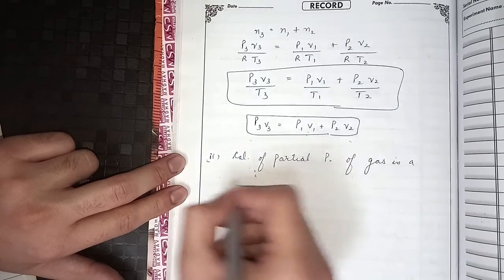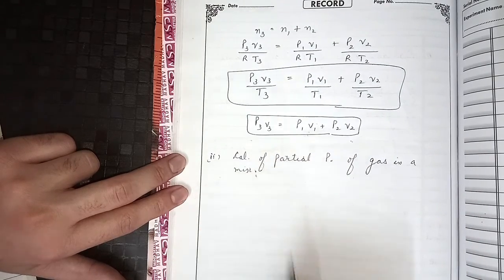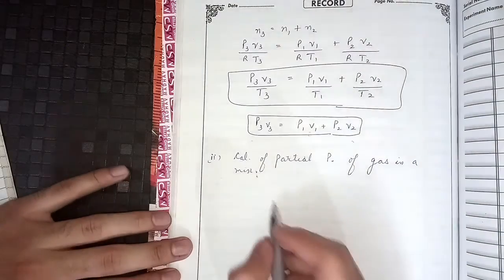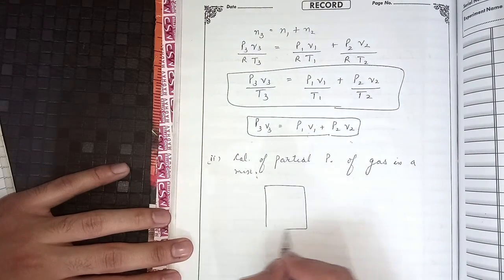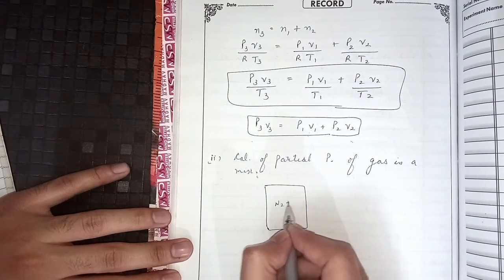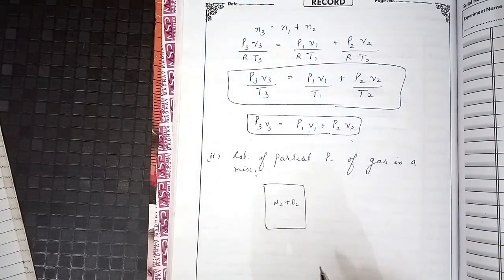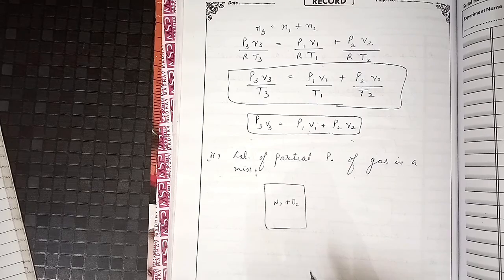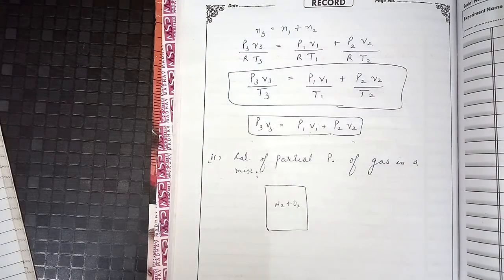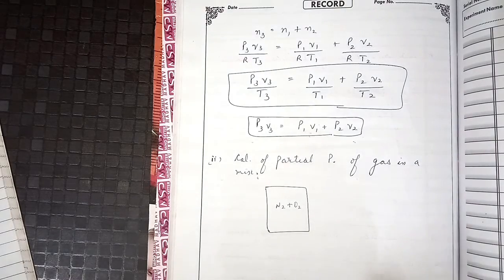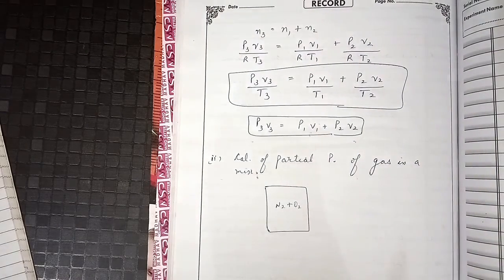In this case, if we are given a mixture of gases, like here we are given a mixture of N2 plus O2, and we are asked to find the partial pressure of N2, meaning the pressure of only nitrogen gas, and we are given the total pressure and the concentration of these gases in moles.